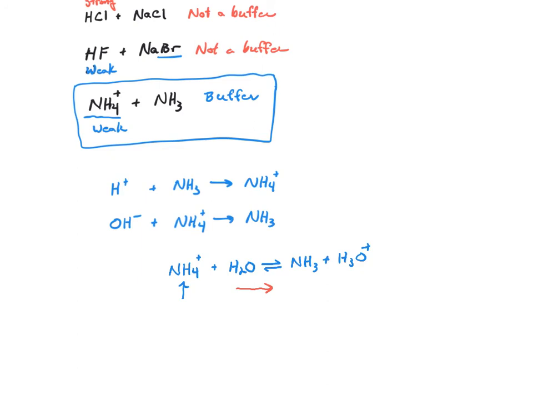Okay, and if I were to add hydroxide, that's going to increase the amount of ammonia, which is going to drive us to the left, again balancing things out. Now that's not the most important part here, but that is the theoretical basis behind it. So keep in mind that a buffer system is composed of a weak acid and its conjugate base, and that its whole role in any system is to resist change in pH.